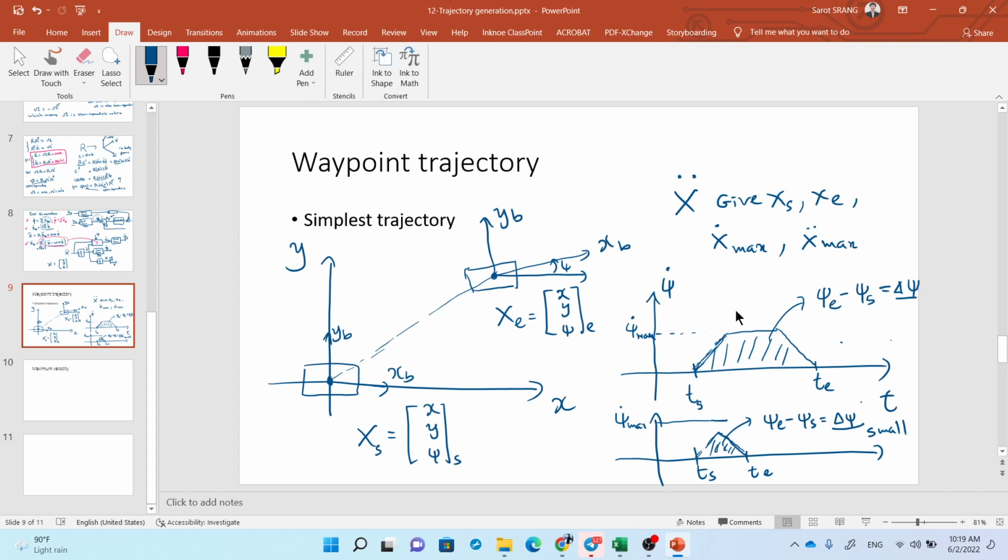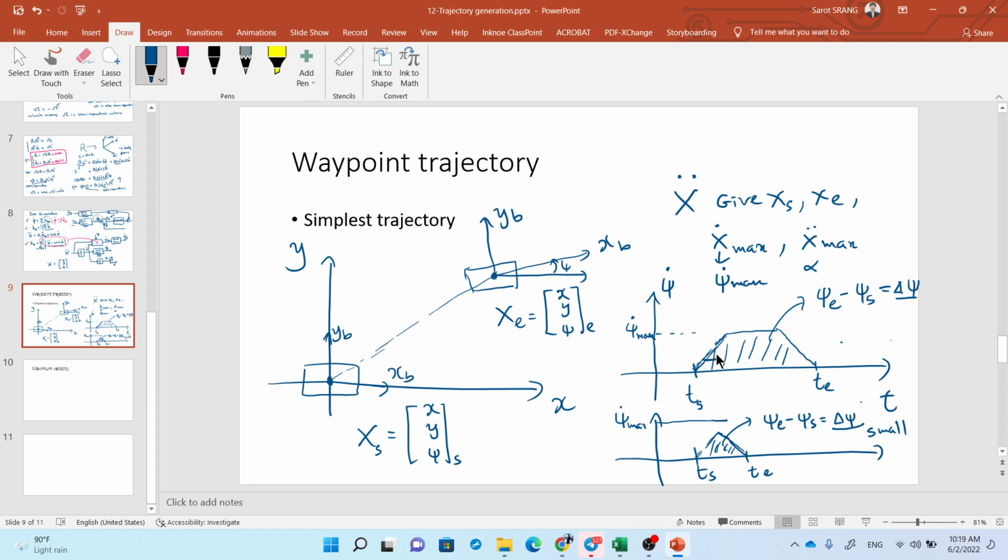So start to think and write down. First, just write down the condition that separates these two cases. What you know is delta psi. Now for this one you just take psi dot max, and for this one, just call the acceleration alpha.